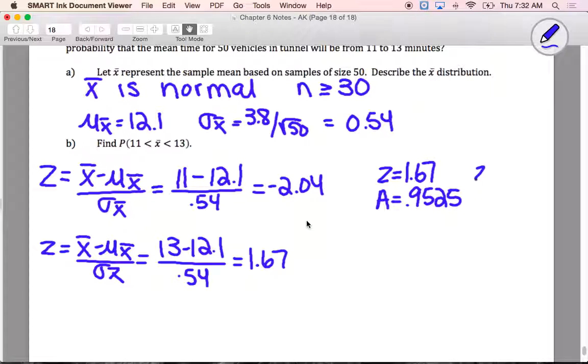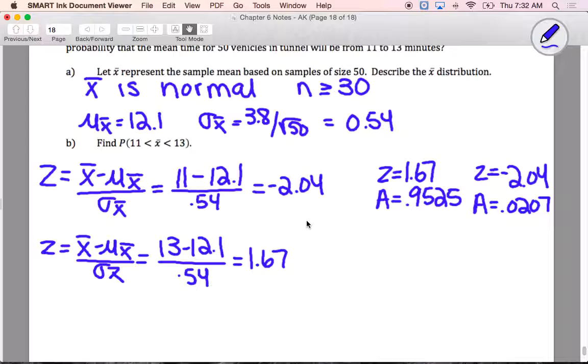And when I have negative 2.04, my area should be 0.0207. So we've got to subtract.